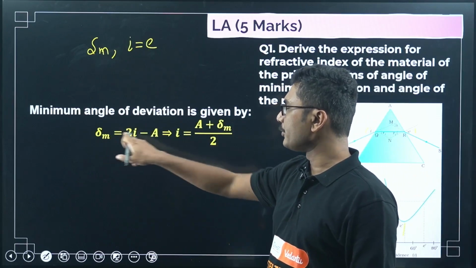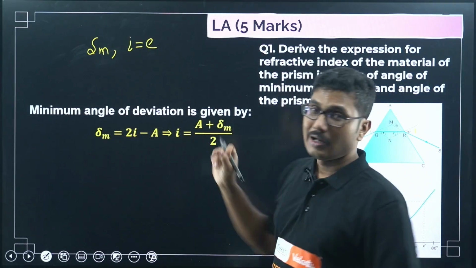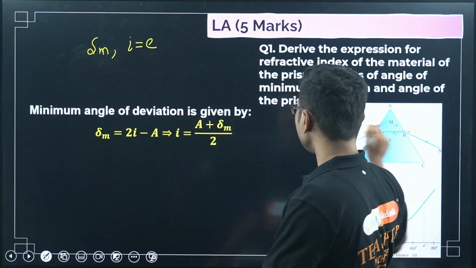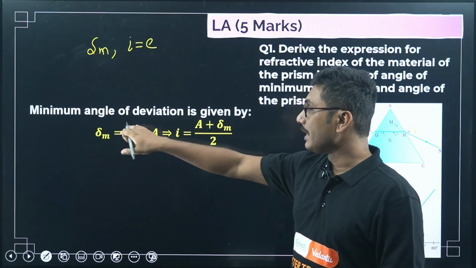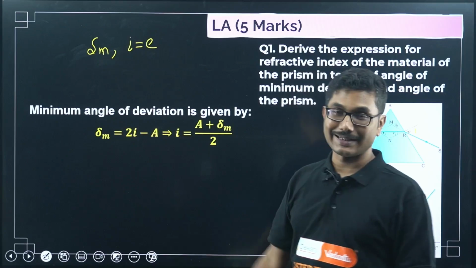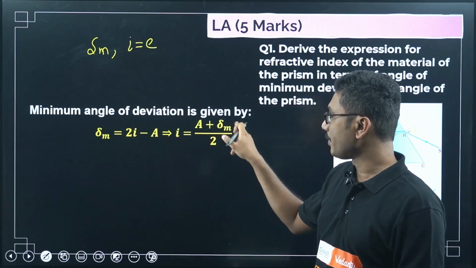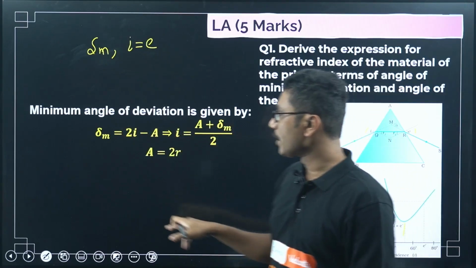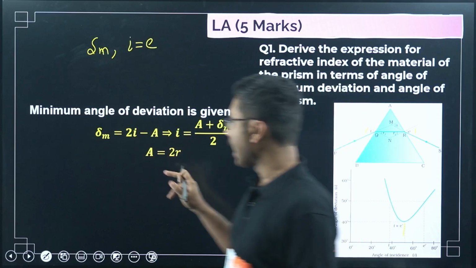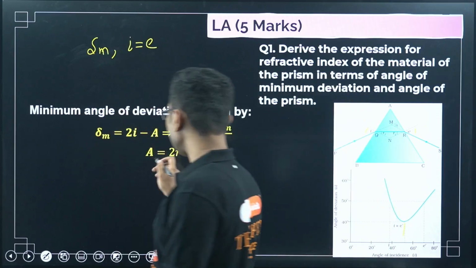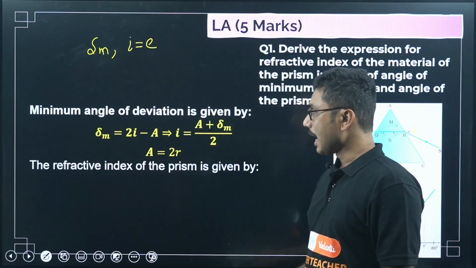From the diagram we can write that delta m is equal to 2I minus A, or I is equal to A plus delta m by 2. Then you also have to write, for minimum deviation, A is equal to 2R.